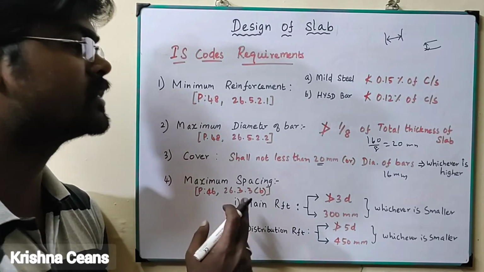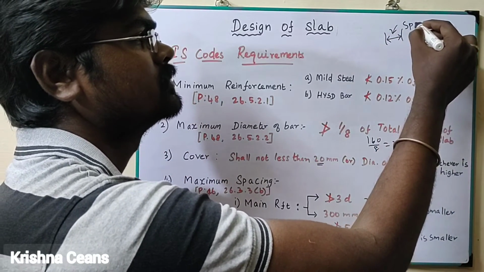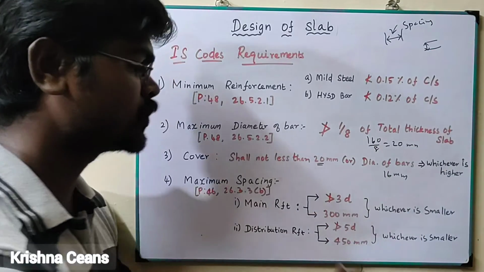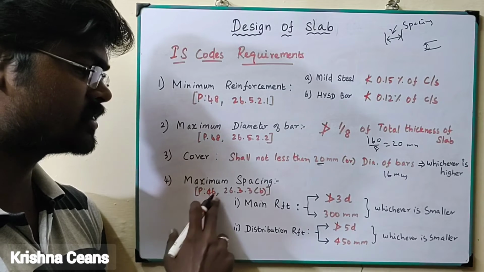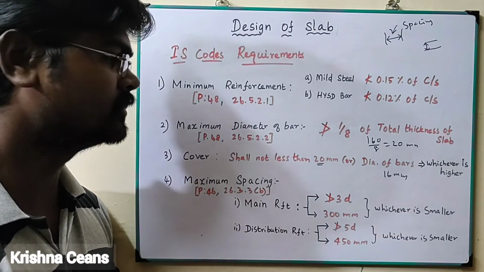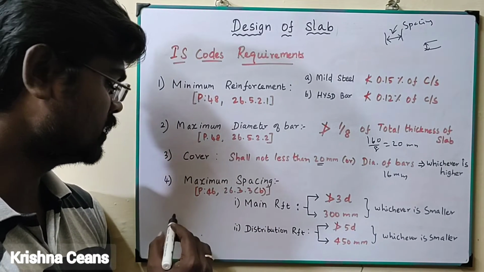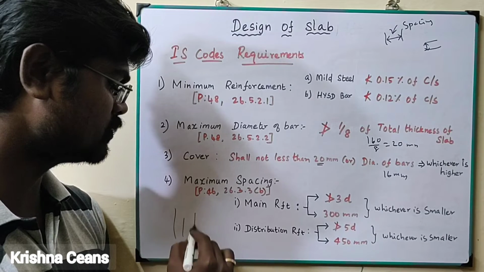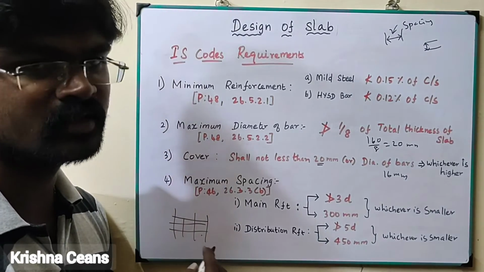Next, maximum spacing. This one is reinforcement to reinforcement, and we call it the spacing. Spacing is mentioned in page number 46, 26.3.3 under category B, subdivision B, for the main reinforcement. We always provide main reinforcement in one direction, and in the other direction we provide the distribution reinforcement.